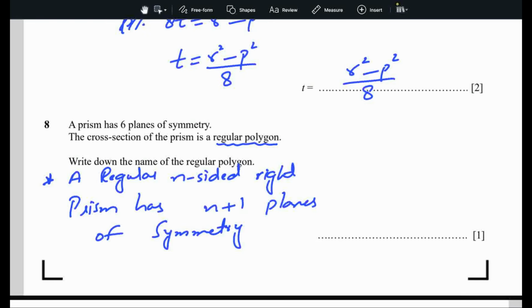So here you can see that 6 planes means 6 minus 1, which is 5. It means this will be the pentagon.